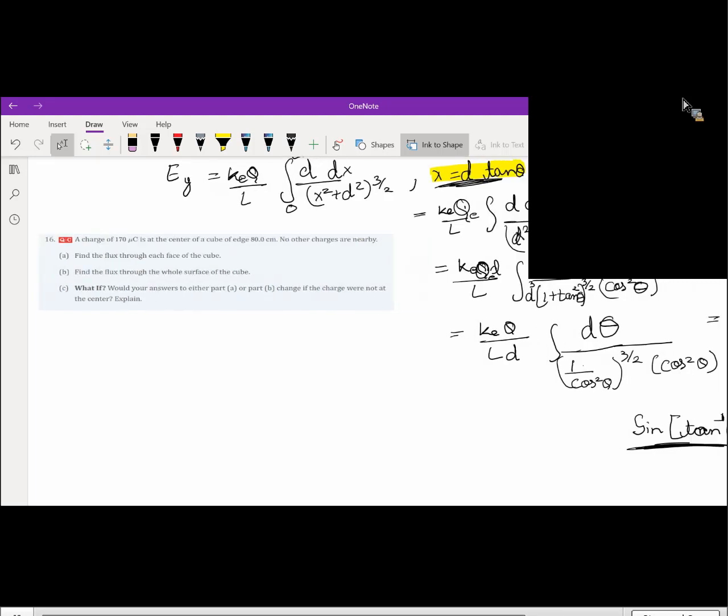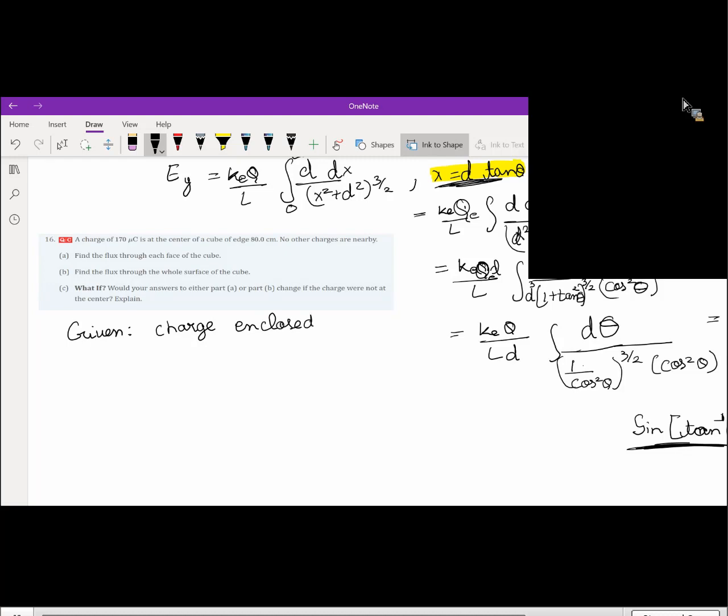So first, break down the problem into the given. What is given? A charge enclosed. It's very important.